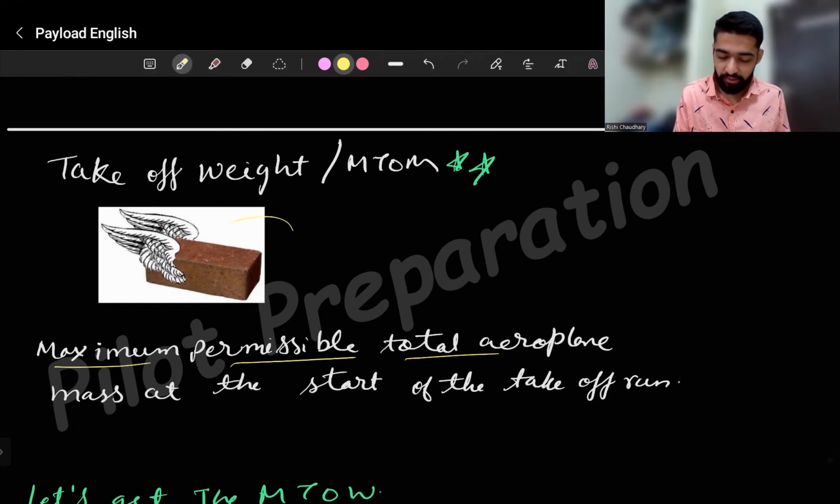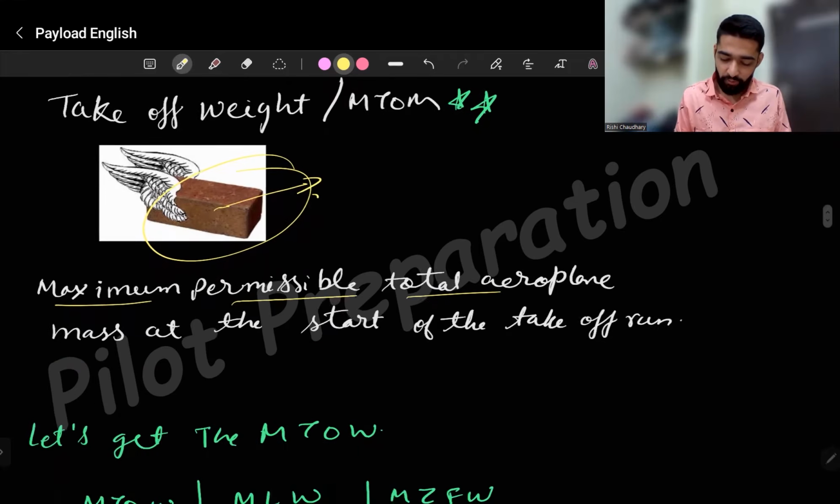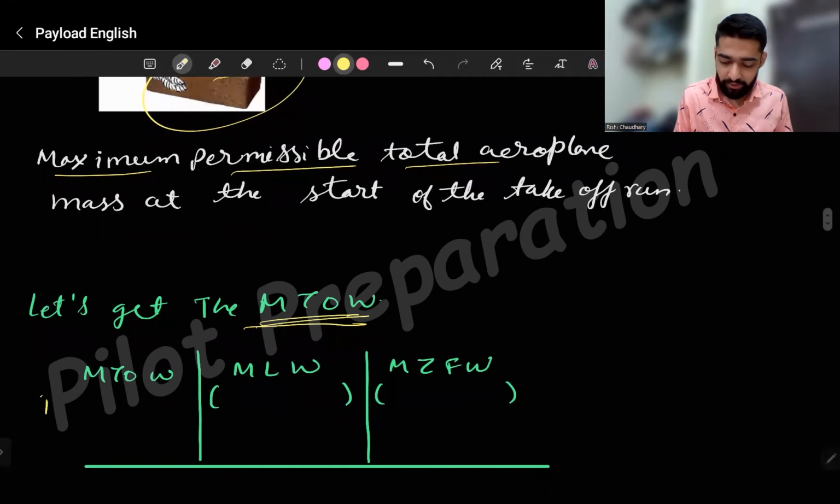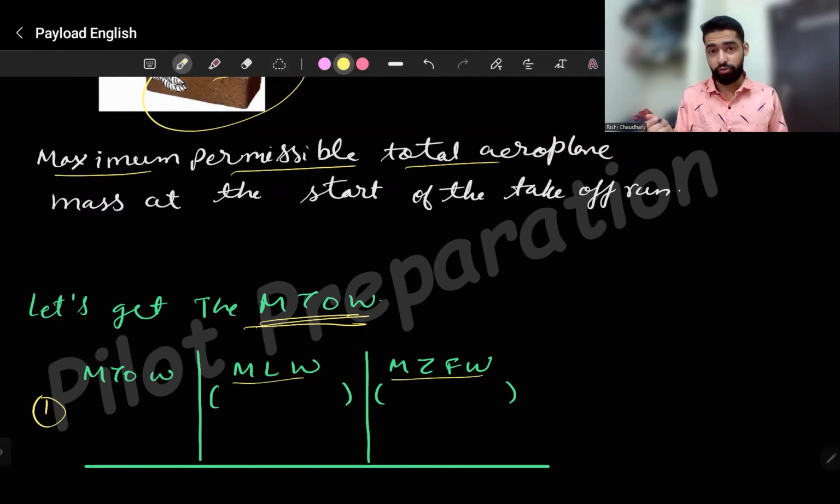So this looks like a brick. You're flying a brick, so that is the reason I brought this thing. Whenever you are given a question, you always have to find out maximum takeoff weight. Either it will be given directly, or it will be given in the form of MLW and MZFW.